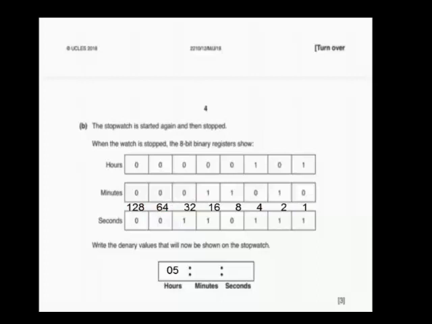We will add 16 plus 8 plus 2, so it will be 26. So we will write that in the place of minutes. Now move to the third part.